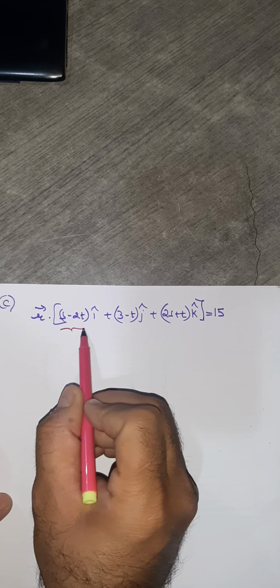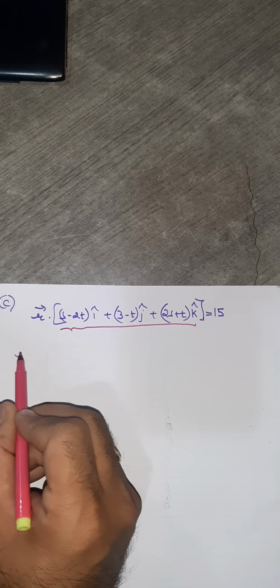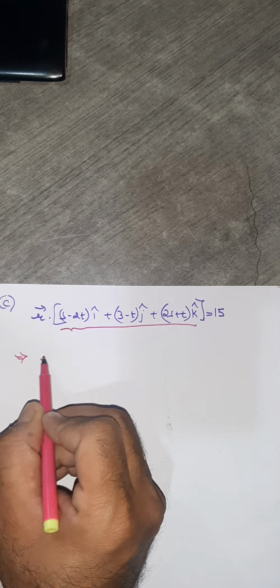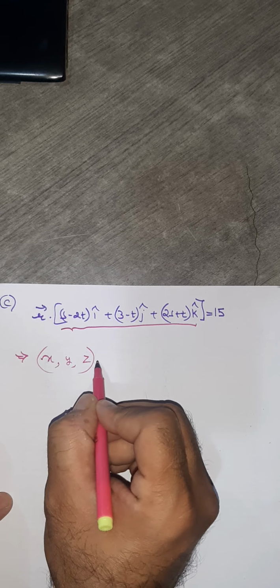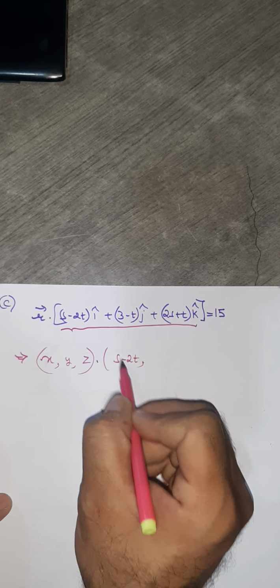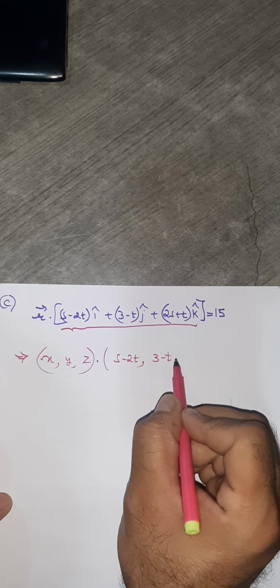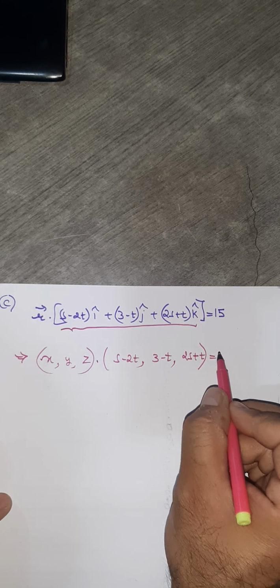Third sub-question, you are given this plane in the form of a vector. This represents, we know, the normal. So just placing here the components x, y, z dot, what is this? Here s minus 2t, comma 3 minus t, comma 2s plus t equals 15.